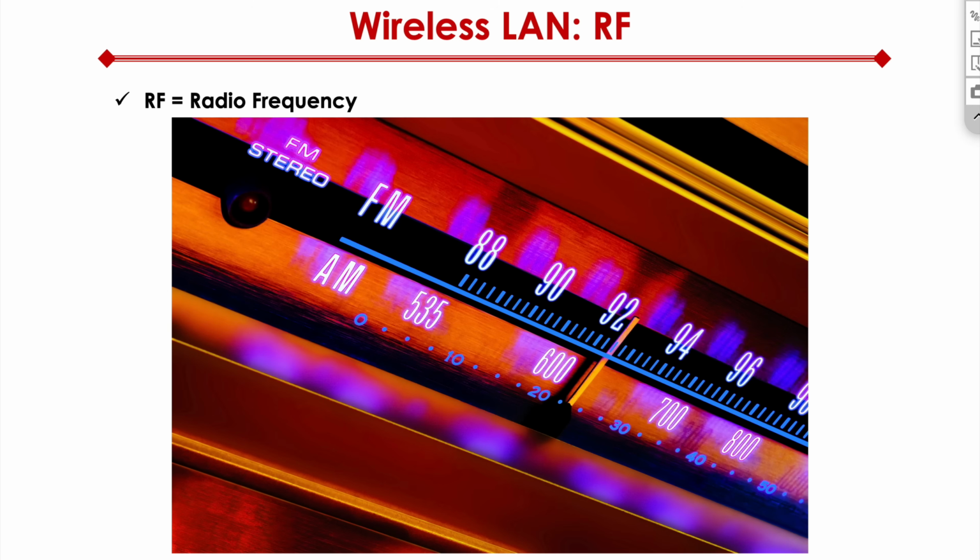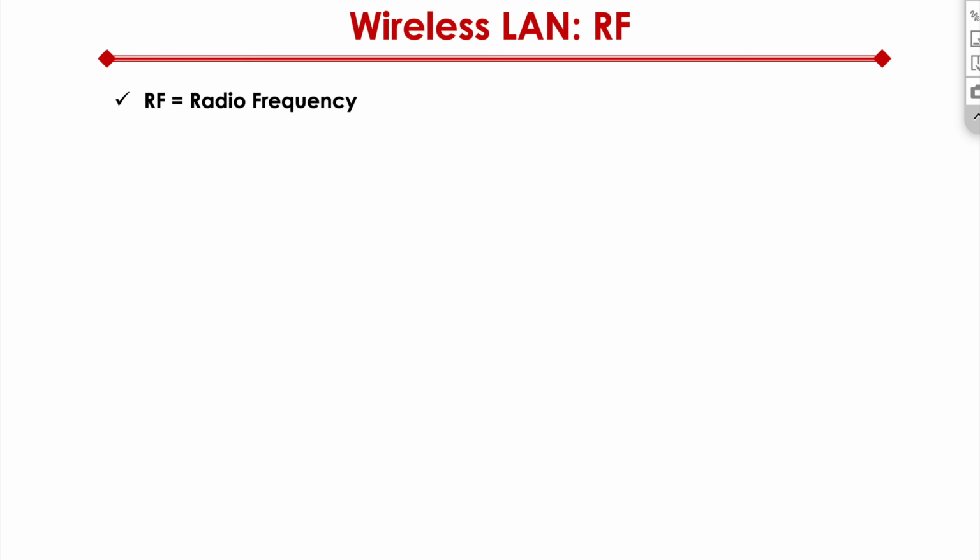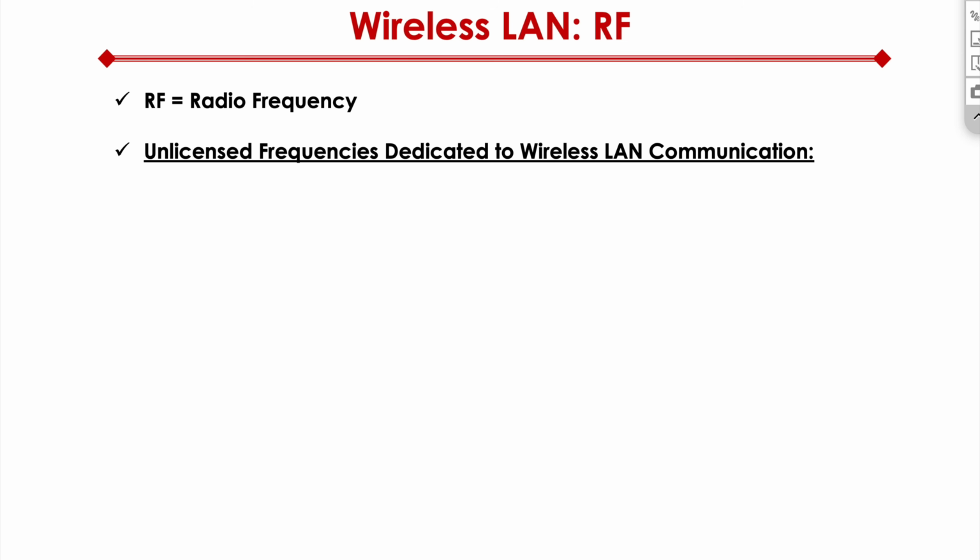As you switch from one frequency in FM to another frequency, you're basically hopping channels. You're tuning into different channels. And that's exactly what we do in the wireless LAN network. In the wireless LAN network, we have two different unlicensed frequencies that are dedicated for wireless communication.